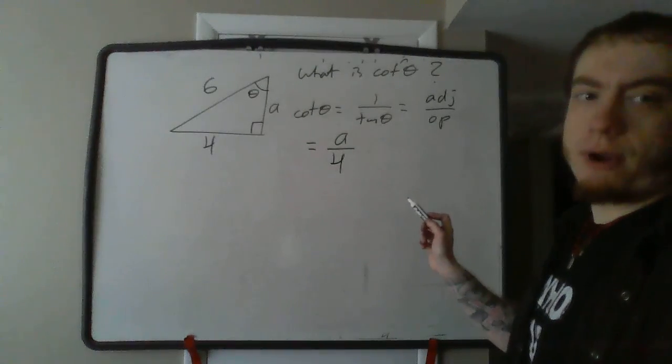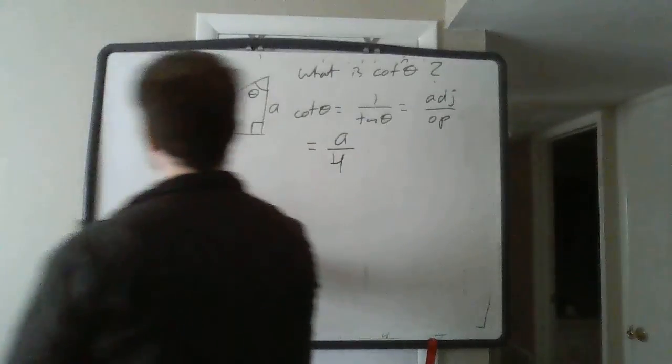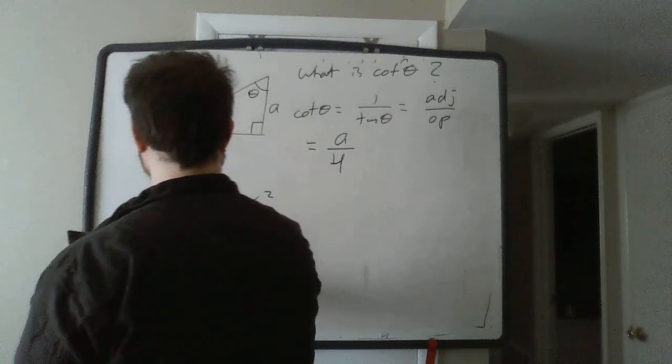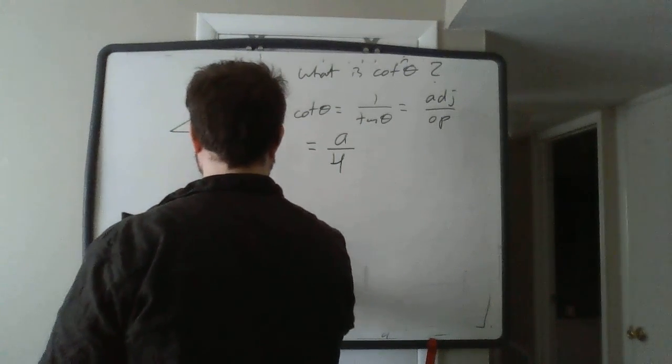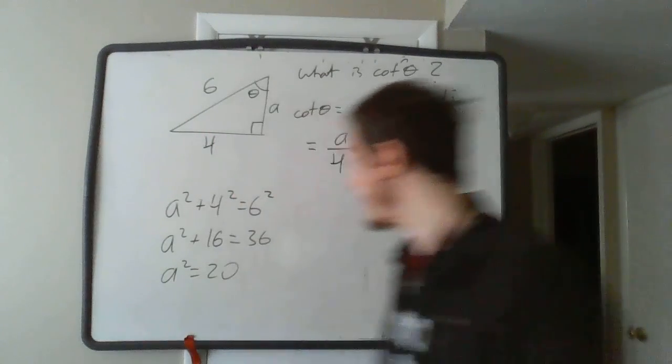Well, now I just need to figure out what A is. And I can do that by using the Pythagorean theorem again. So I'm going to get A squared plus 4 squared equals 6 squared. That's A squared plus 16 equals 36. And that gives me A squared equals 20.